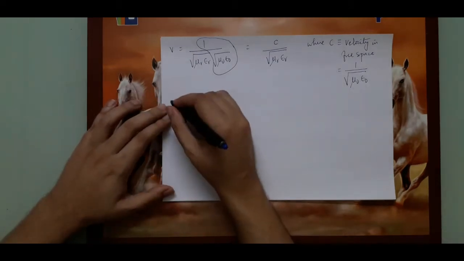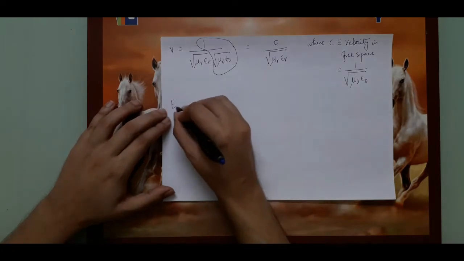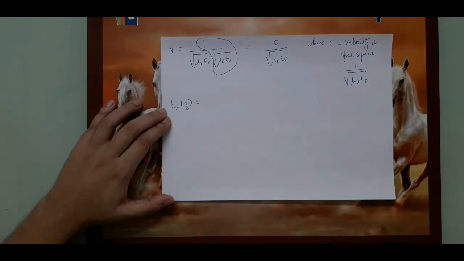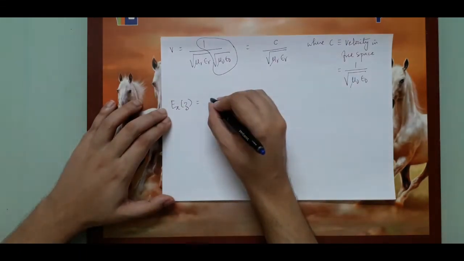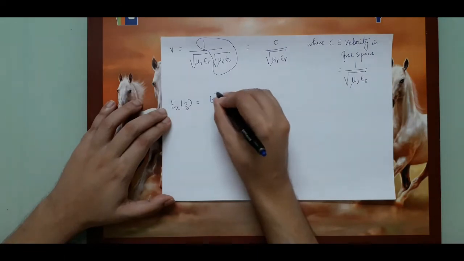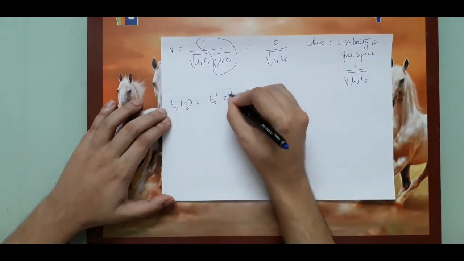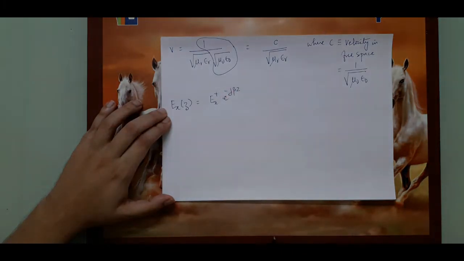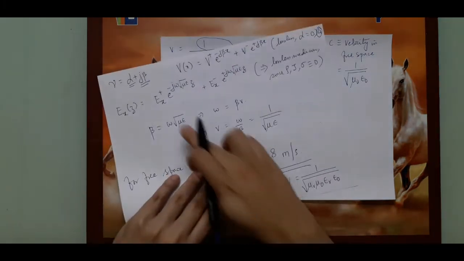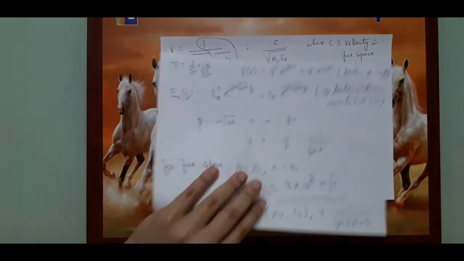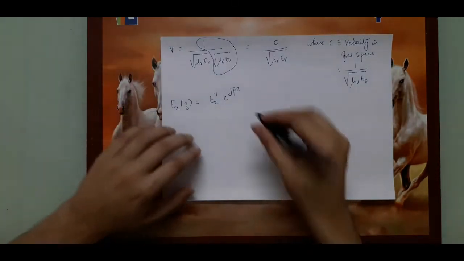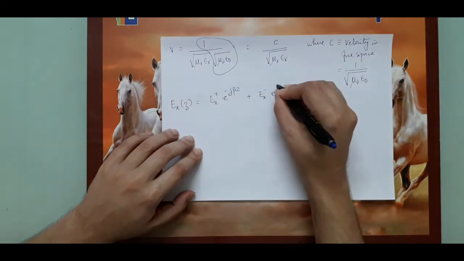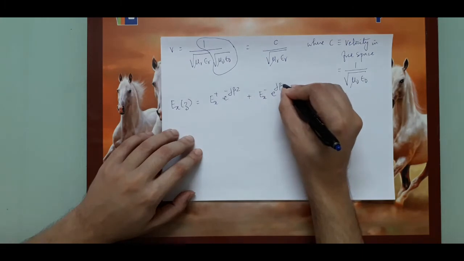Now if I have the solution for E of x as a function of z, which is nothing but Ex plus times e raised to minus j beta z, let us now call this omega under root mu epsilon as beta, and no need to write the full term anymore, plus Ex minus e raised to j beta z.